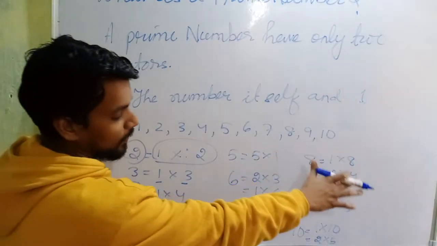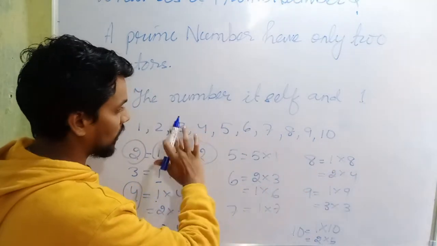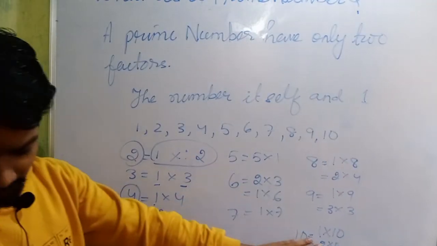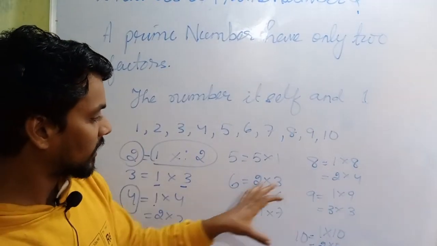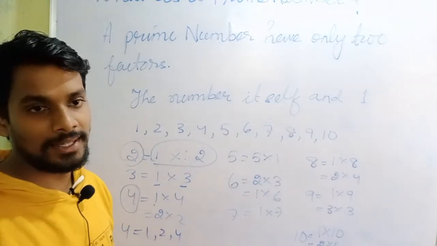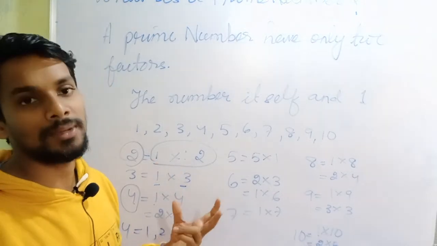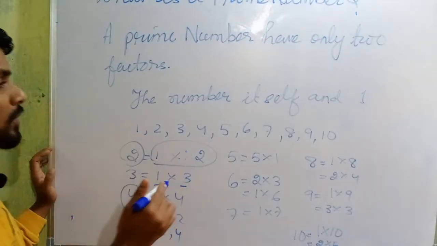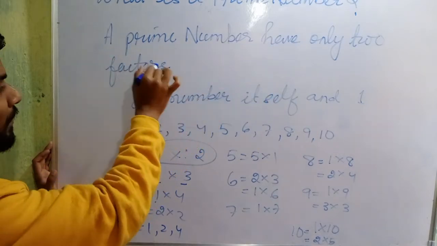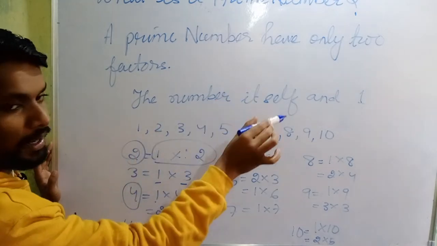Similarly, I have explained all the digits between 1 to 10. There are more than 2 factors for some numbers and there are only 2 factors for some numbers. These are the numbers which we call prime numbers. What? A prime number has only 2 factors. How? The number itself and 1.